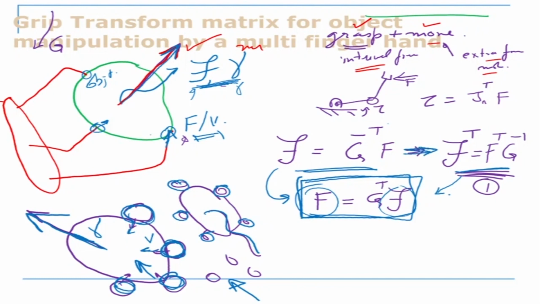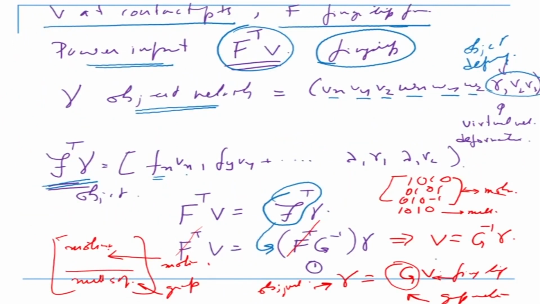So f transpose is equal to F transpose into G inverse. If I put that there, I get F transpose into G inverse into gamma, and F transpose and F transpose cancel here. So we are left only with v and gamma. What is gamma? Gamma is the velocity of the center of the object.